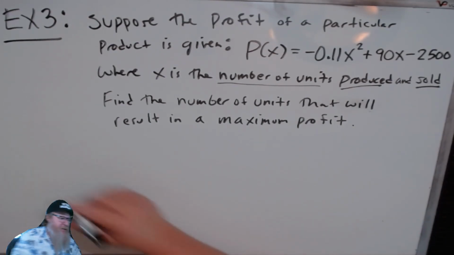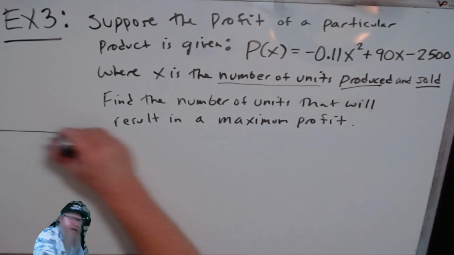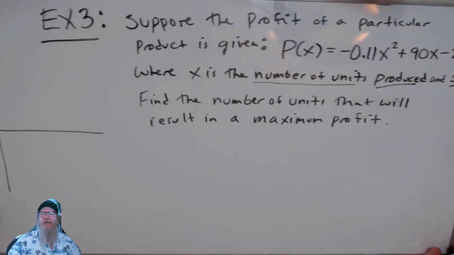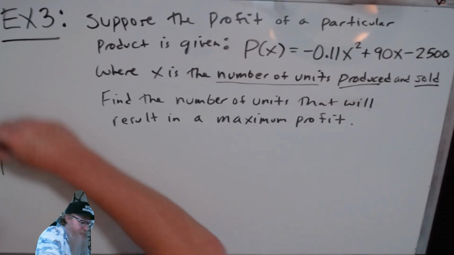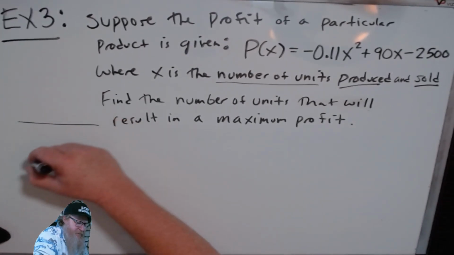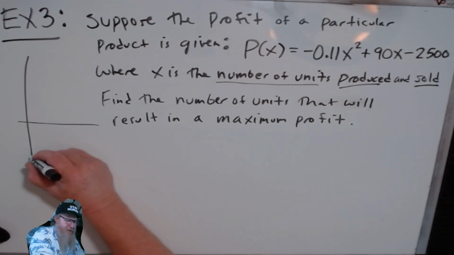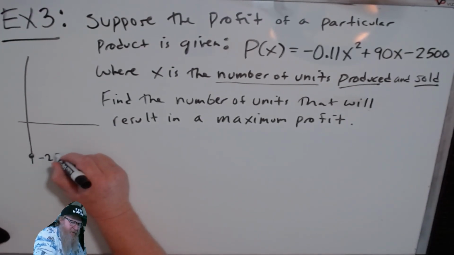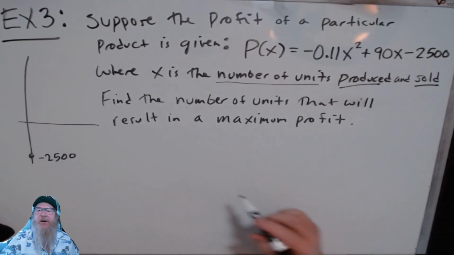All right. So intuitively, you're sort of thinking about it like this. You're starting off way down here at negative $2,500. That's where the graph starts.